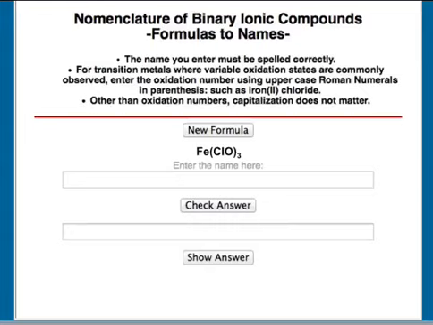Just like chlorate is -1, hypochlorite is also -1. If we have 3 negatives, we must have 3 positives. Iron is a transition metal. Therefore, we have to show the charge. Therefore, this will be iron(III) hypochlorite.